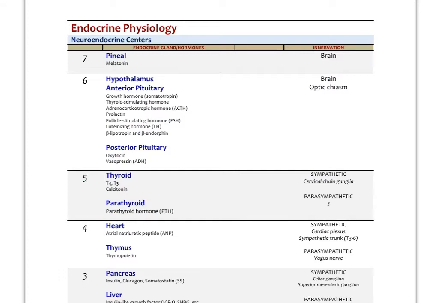Now, if we look at the endocrine glands, interestingly, there are pretty much, again, seven basic glands, and they're all arranged along the vertical axis of the body. In fact, if you've seen these old diagrams of the chakras from the Ayurvedic tradition, they really correspond to where all the major endocrine centers are. And what's very interesting is that around each of the glands, there's a major nerve center.